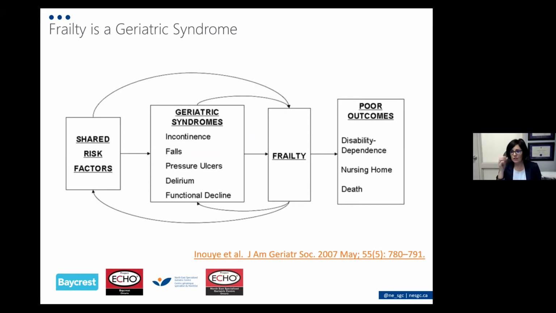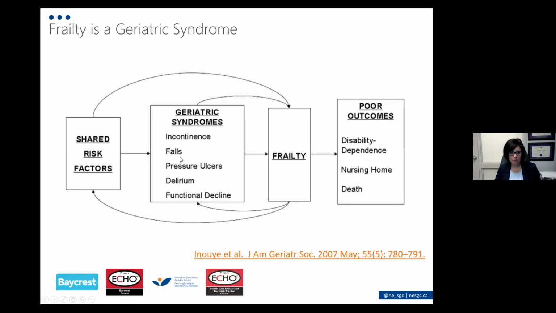We know that frailty is a geriatric syndrome, in that you have multiple risk factors that can contribute to the composition of frailty. Now, we have a number of geriatric syndromes that we talk about in geriatrics. I'm sure some of which you've spoken about during your sessions: falls, delirium, functional decline. And they all have multiple risk factors that will result in the syndrome.